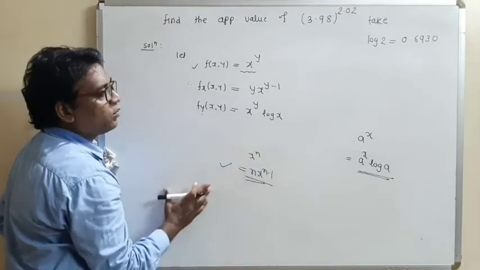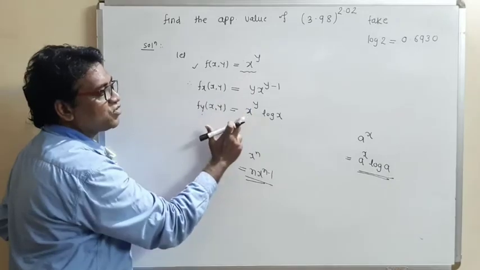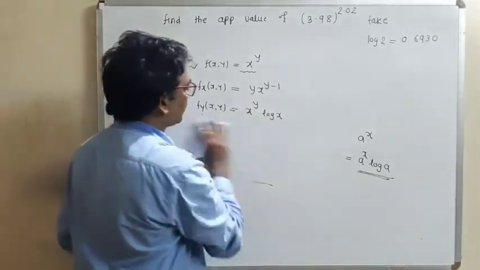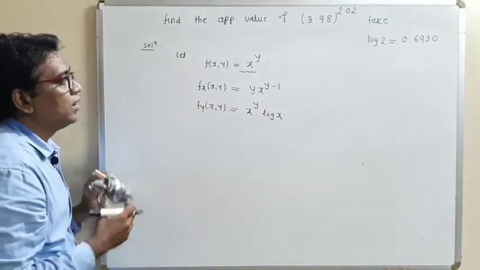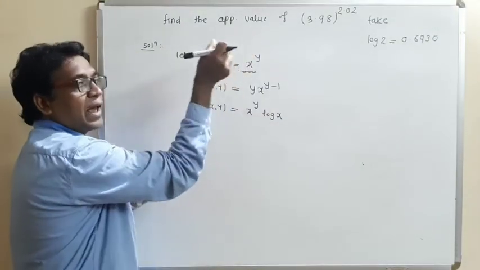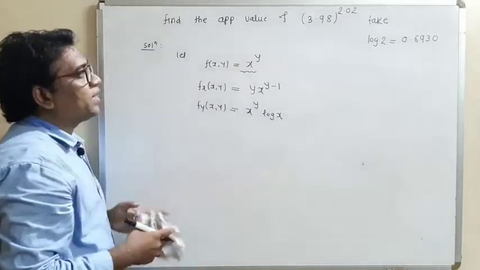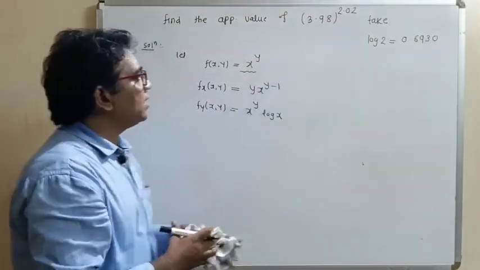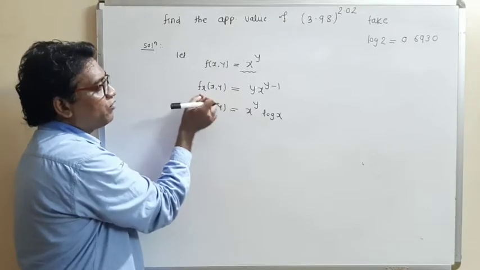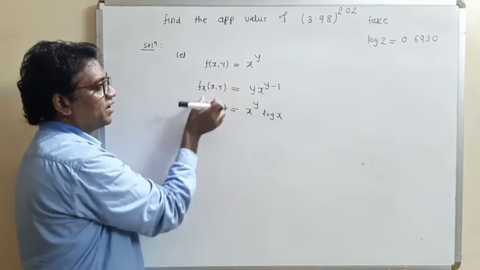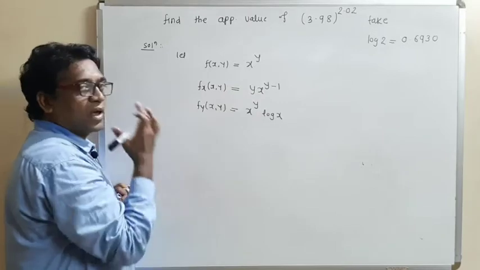So use the same formula, that is x raised to y into log x. So see, this is our first step. From the given approximate value or given function, just identify the function, and from function f we want to find out the partial derivative fx and the partial derivative fy.